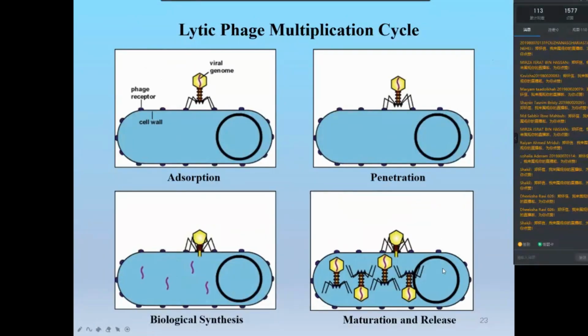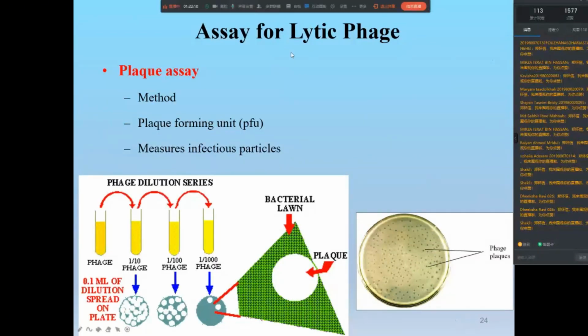So pretty simple. Well, the lytic phage is useful because it can lyse the bacteria, which means that if you plate the phage on the agar carrying a lawn of bacteria, you culture the bacteria on the surface of a plate. This is a petri dish, the solid medium we learned before.